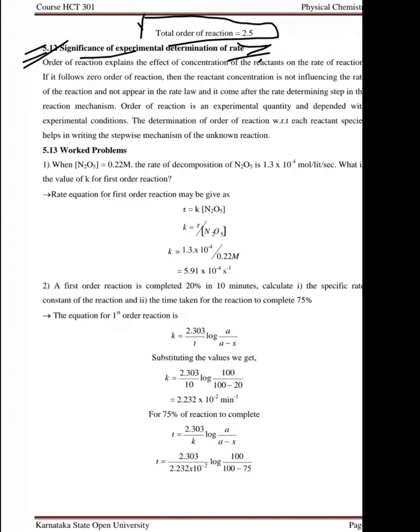So order of reaction explains the effect of concentration of the reactant on the rate of reaction. It mainly depends on the concentration of the reactants we are taking. By varying the concentration, the order of reaction also varies. That is the first point.